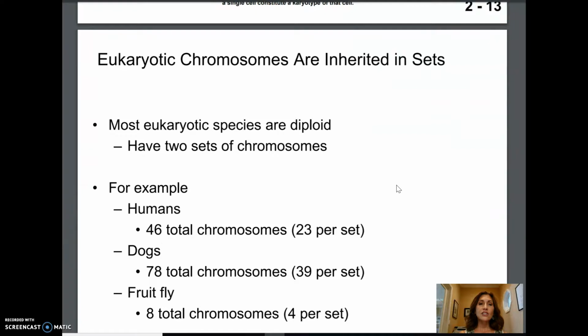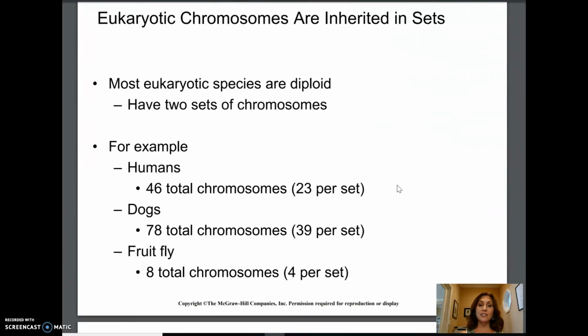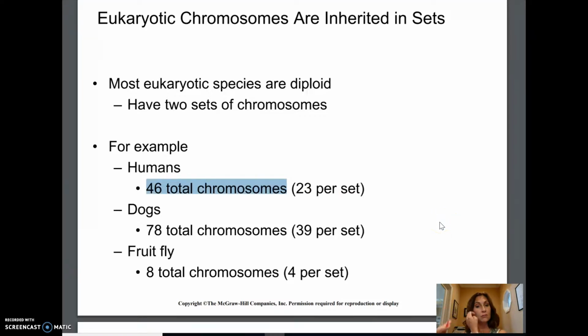So in eukaryotic chromosomes, actually not even just human, but eukaryotic in general, most eukaryotic species are what we call diploid. So you get half your chromosomes from mom, half from dad. In humans, we have 46 total chromosomes, or 23 per set. So you have two sets, 23 from mom, 23 from dad.